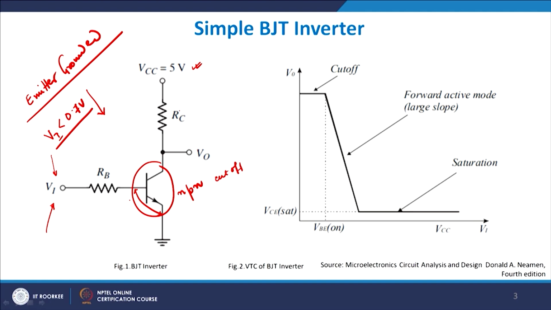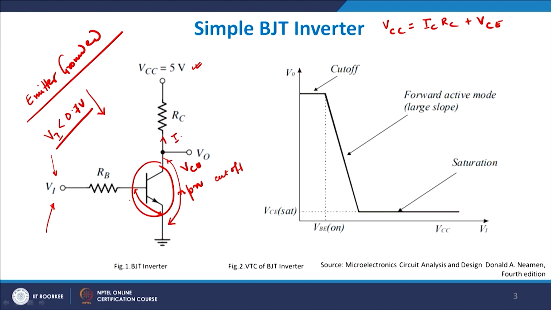Why? Because, as we discussed earlier, we can write VCC equals ICRC plus VCE, and this is VCE, and let us suppose IC is flowing here.